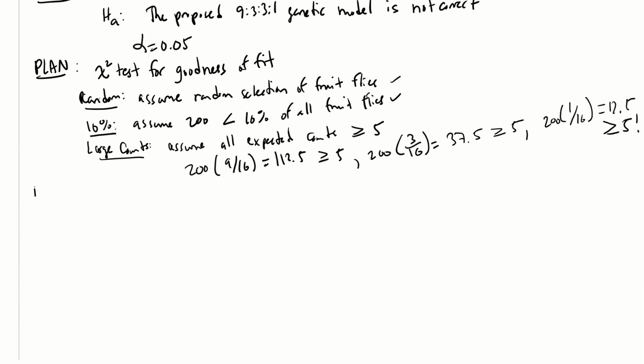All right, so let's do the do. Again, you can type it into the calculator, but I do want you to practice doing the calculation, okay? So for DF, we have 4 categories minus 1, so the DF is 3. Now let's calculate the chi-square. There are only 4 categories.